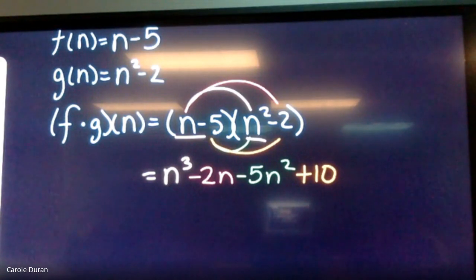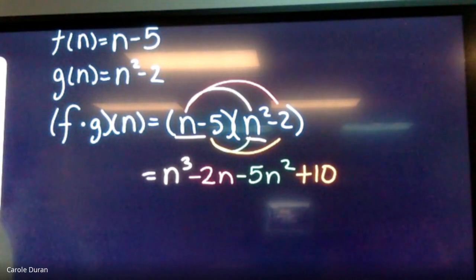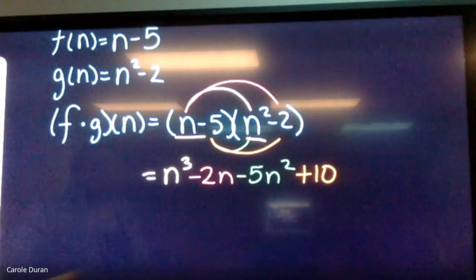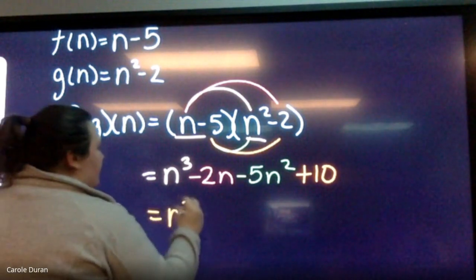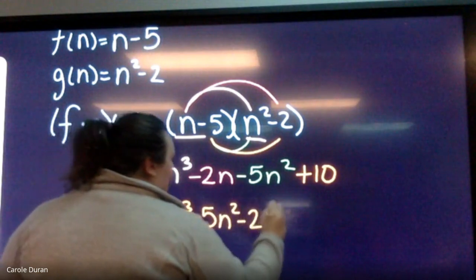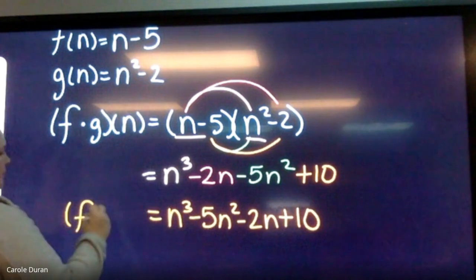Yeah, that was. Pfeiffer tried to say that we could change n squared into a negative 1, but that only works for i squared because i is an imaginary number. So make sure you know those are separate. At least you were trying to remember though, I like that. So when I reorder this, I get n cubed minus 5n squared minus 2n plus 10. And that is what f times g is equal to.